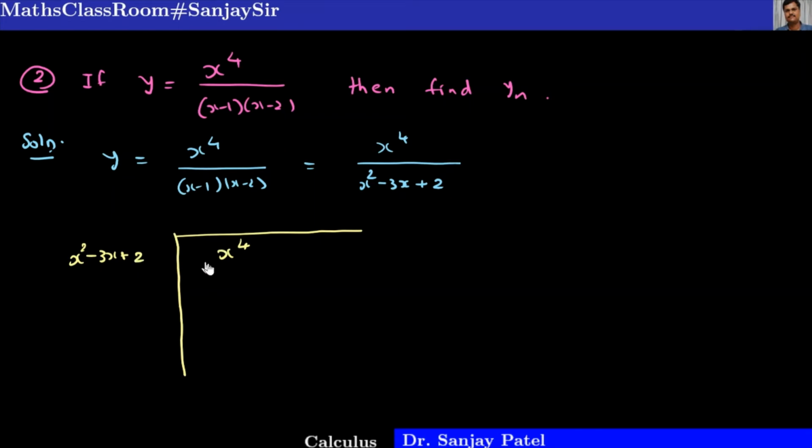Now first, to get x raised to 4, we have to multiply this by something so that one of the terms is x raised to 4 here. So I will multiply this by x square. So x square into x square becomes x raised to 4. And what you are multiplying with, we write over here with the same sign. So x square into x square is x raised to 4, plus x square into minus 3x gives you minus 3x cube, and plus 2x square, and this we subtract.